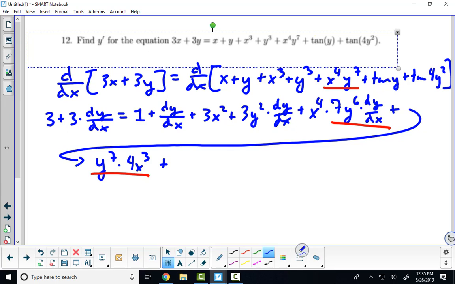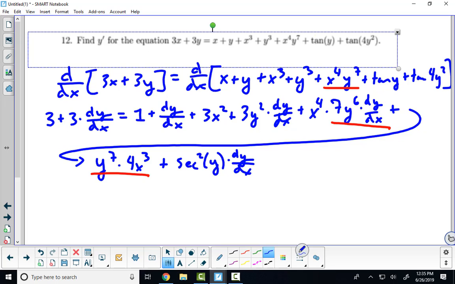Yeah, that's right. Secant squared of y times dy dx. Folks, how do you take the derivative of the tangent of an expression? It's the secant squared of that expression. But then there's a chain rule. So by the chain rule, we multiply by the derivative of what was inside the tangent, which is how we get a dy dx.